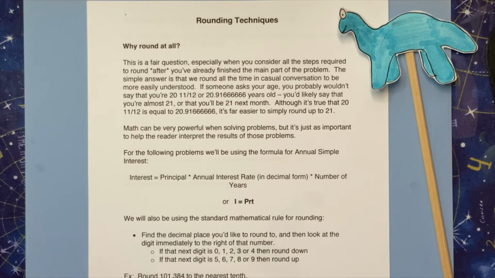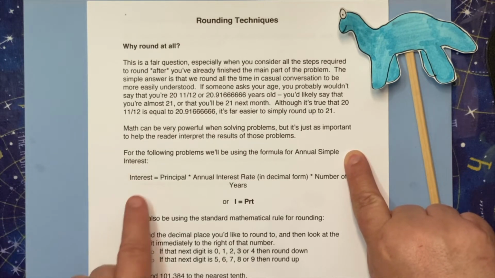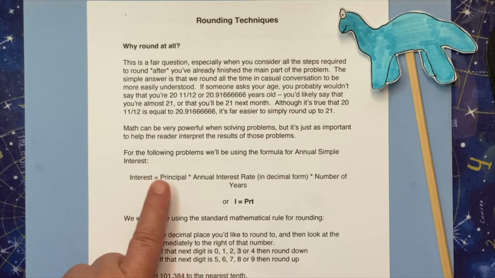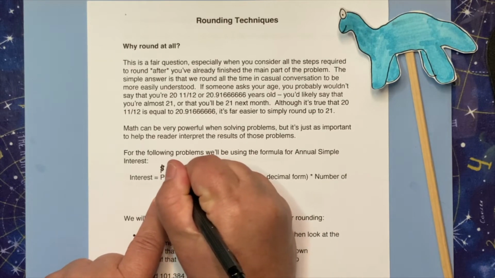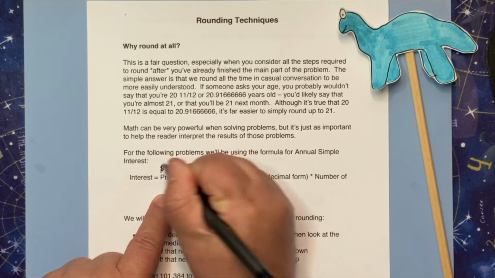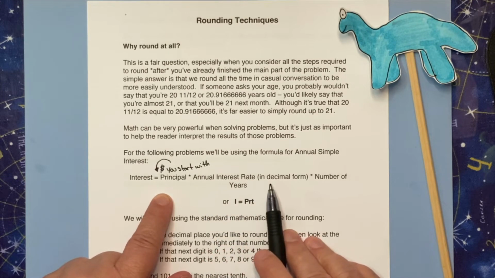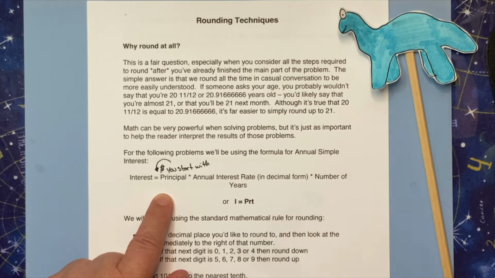And so I've chosen a fairly straightforward formula. It's not too complicated. It's called the annual simple interest formula. And basically it says that the interest that is earned on a loan is the principal, that's the money you start with, the annual interest rate in decimal form, times the number of years.